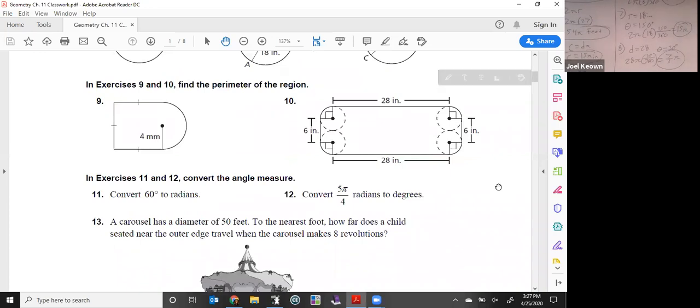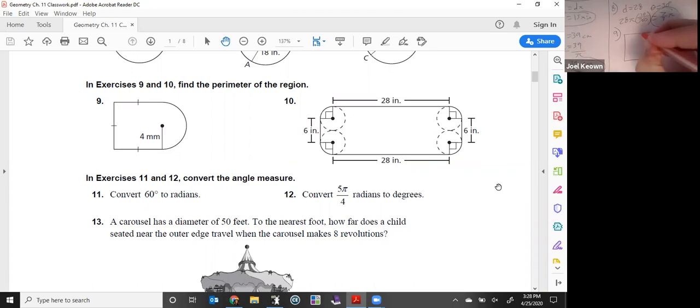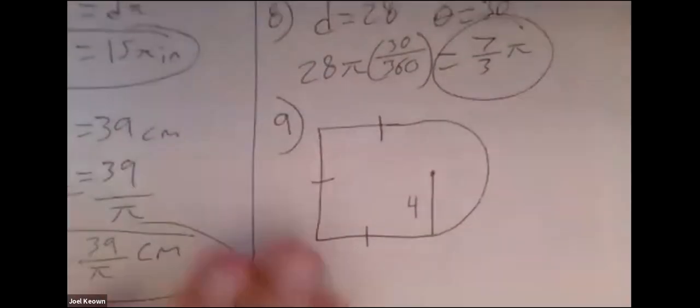So move on. It's asking to find the perimeter of the region. So perimeter is just the distance around. So I'm going to draw this out for number 9. Not sure if you can see this a little better.